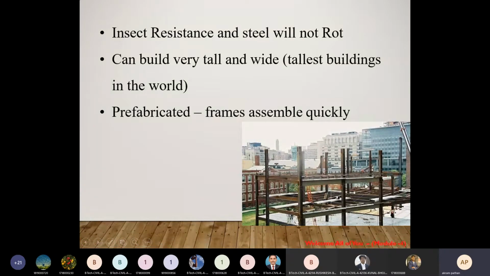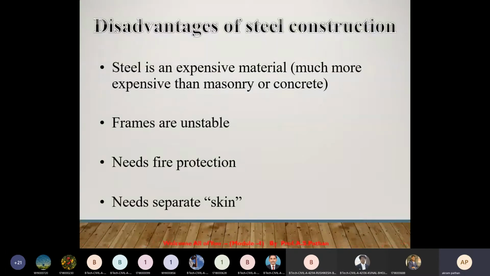Then if you talk about the disadvantages of steel construction, it has certain disadvantages. Steel is an expensive material, much more expensive than masonry or concrete. Its initial cost is very high compared to masonry or concrete. Frames are unstable. Generally, we require a very good joining process.